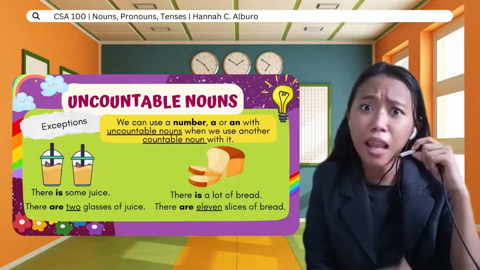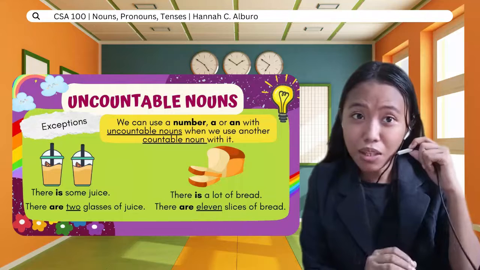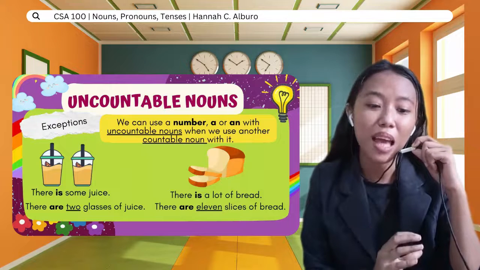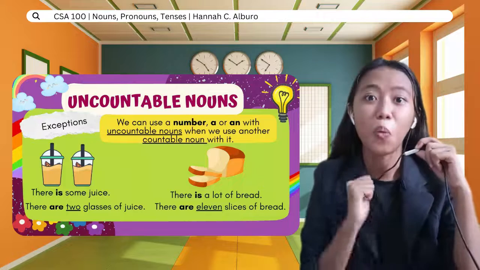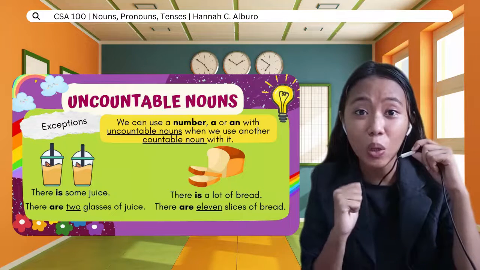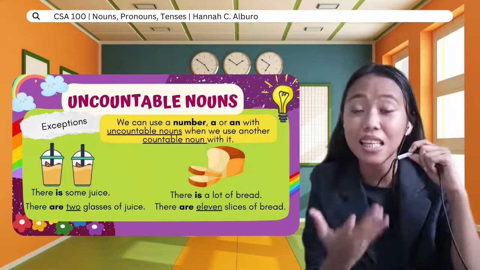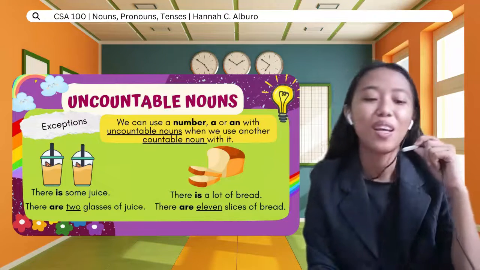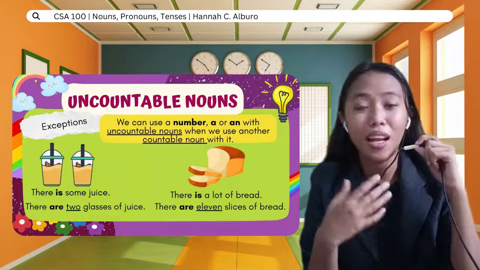Yes, slices, 'di ba? Slices. So, the countable noun slices is used together with the uncountable noun bread. Therefore, we can now count and quantify the bread based on how many slices there are. No. So that is for the countable and uncountable nouns.